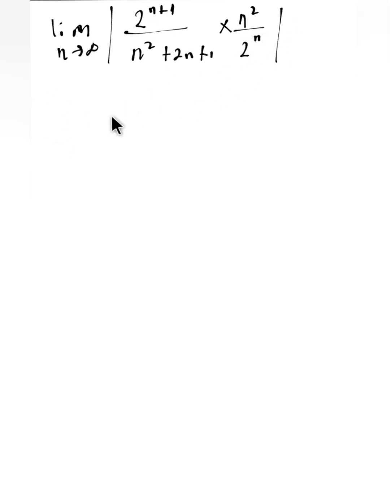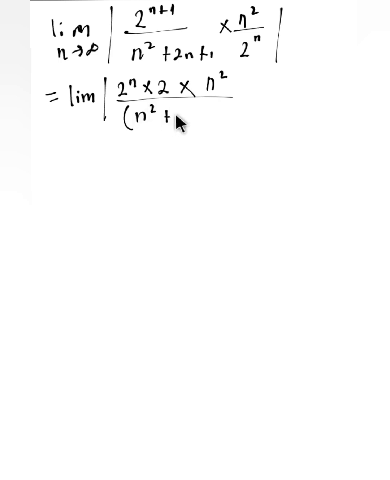Let's try to simplify this expression. It gives us the limit of the absolute value of 2 raised to the power n times 2. If we simplify this, this is 2 raised to the power n, this is 2 times n squared all over (n squared plus 2n plus 1) times 2 raised to the power n.